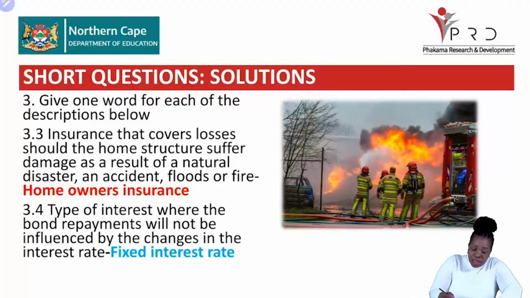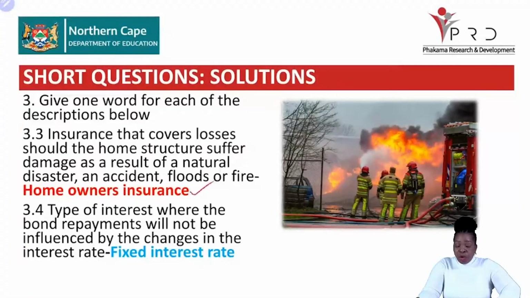So we call that a homeowner's insurance. So almost all homeowners are supposed to pay their homeowners insurance, especially if your house is still under bond. If you are still paying your mortgage, then you are forced to pay a homeowner's insurance, right?